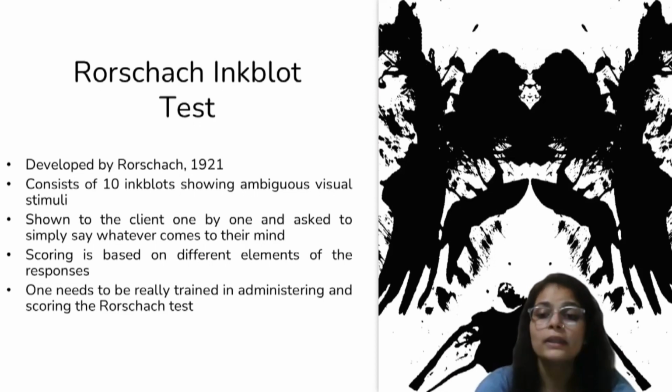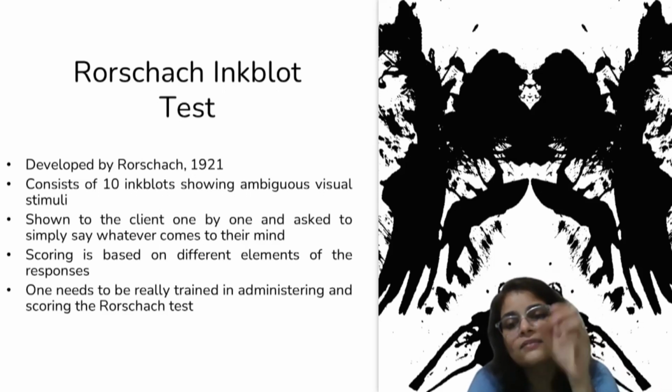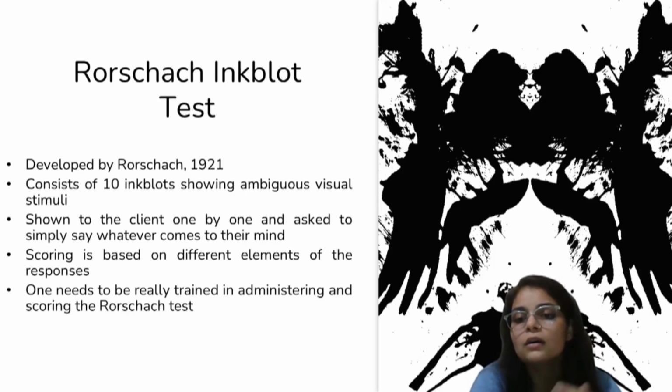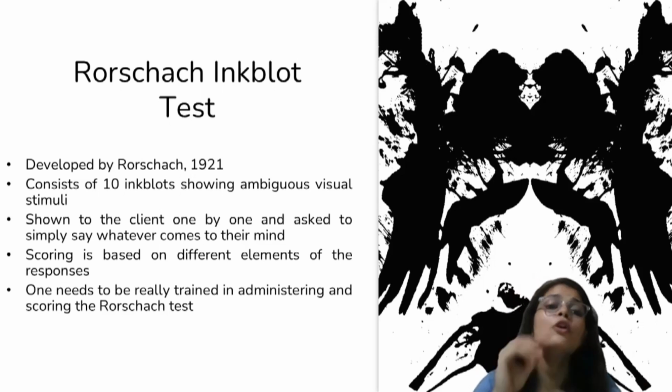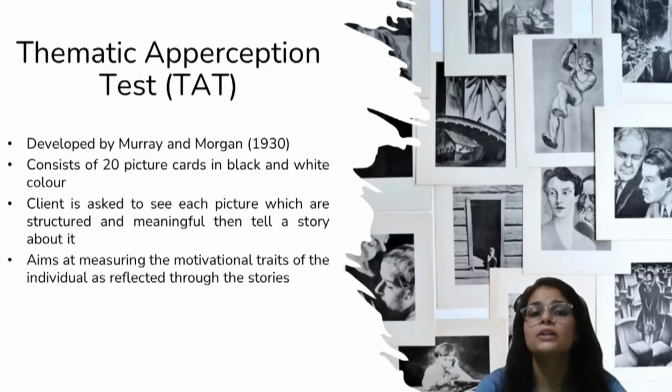Then the scoring is done on various elements of their responses, whatever they describe having seen or interpreted after seeing that ink blot. To administer the Rorschach and score the responses, one needs to be really trained.